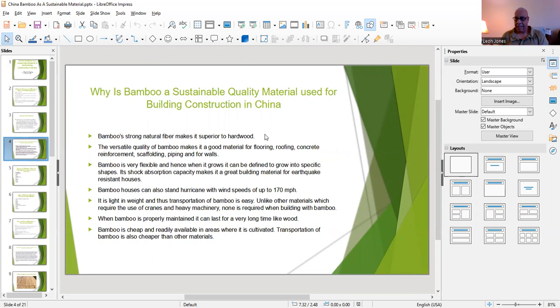Let me hit that point again, a selling point. We're doing market research. Bamboo is cheap and readily available in areas where it is cultivated. So when you transport bamboo, it's much cheaper to transport than other materials.